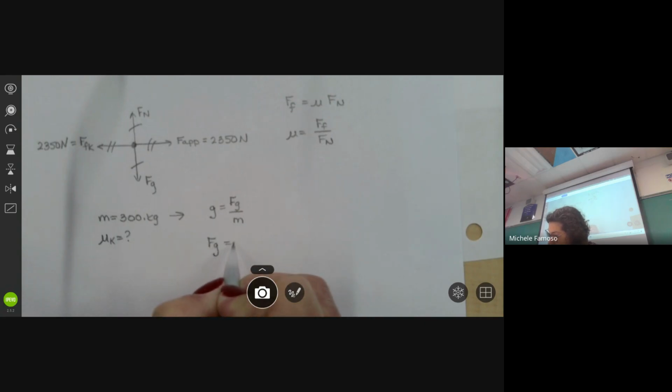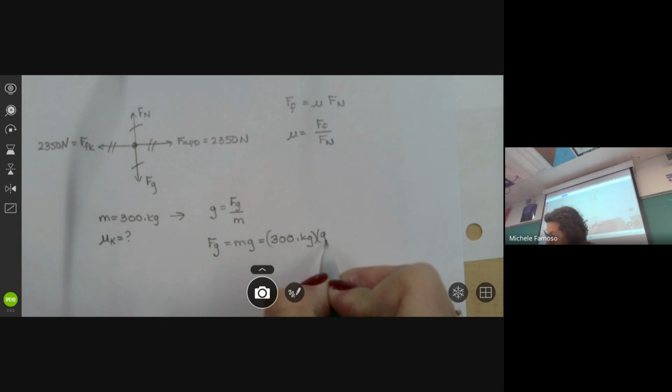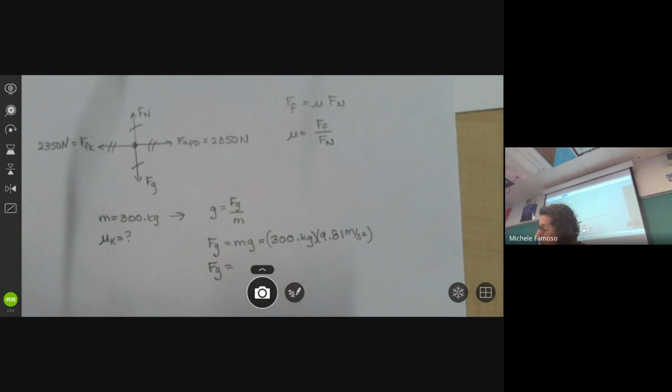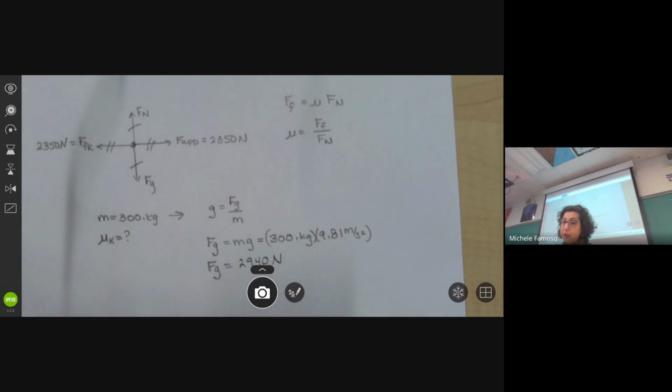So Fg is mg. That means I'm going to take 300 kilograms and multiply by 9.81 meters per second squared. That means the weight of this sled with the coach on it is 2,940 newtons with the 3 sig figs.